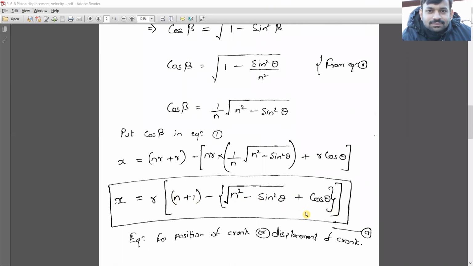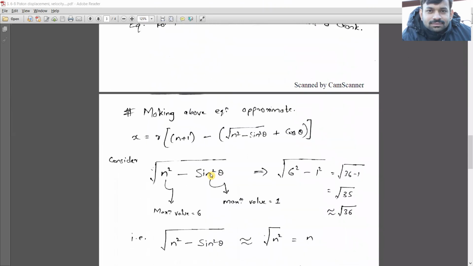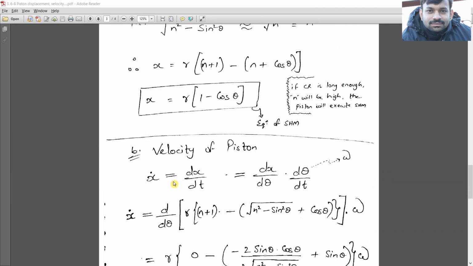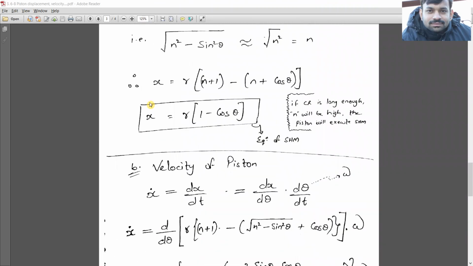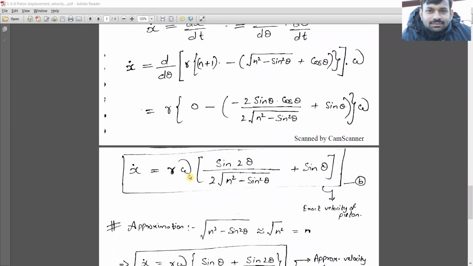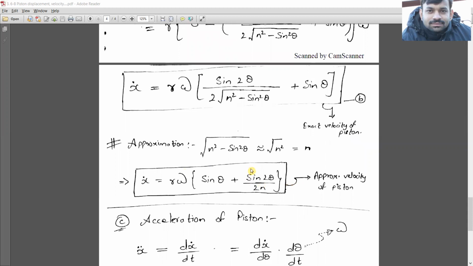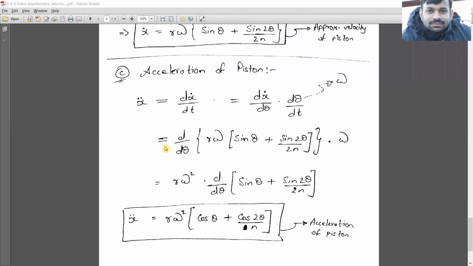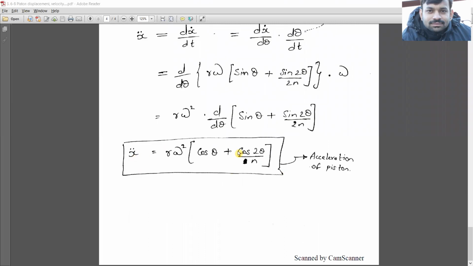This is the exact displacement, and this is the approximate displacement. Second is velocity of piston, and we have two equations for velocity, and third was acceleration. So we have this one equation of acceleration.